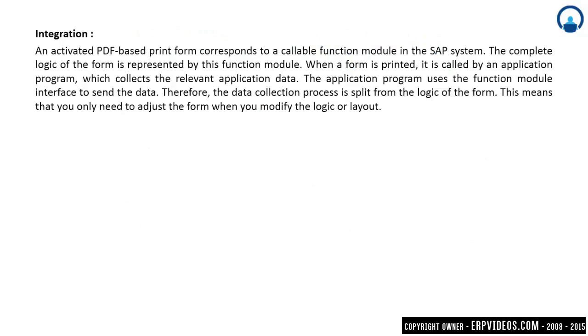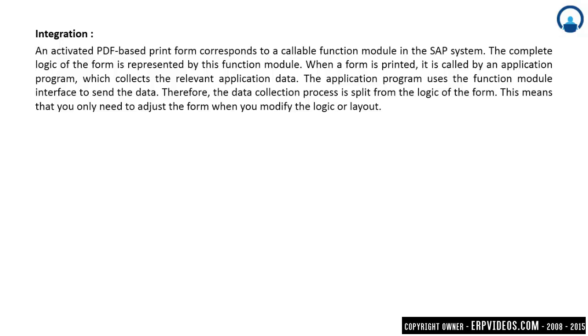Next we'll see the integration for the PDF based print forms. An activated PDF based print form corresponds to a callable function module in the SAP system. So once we activate the particular Adobe form, it generates a function module in the SAP system similar to the smart form. The complete logic of the form is represented by this function module.